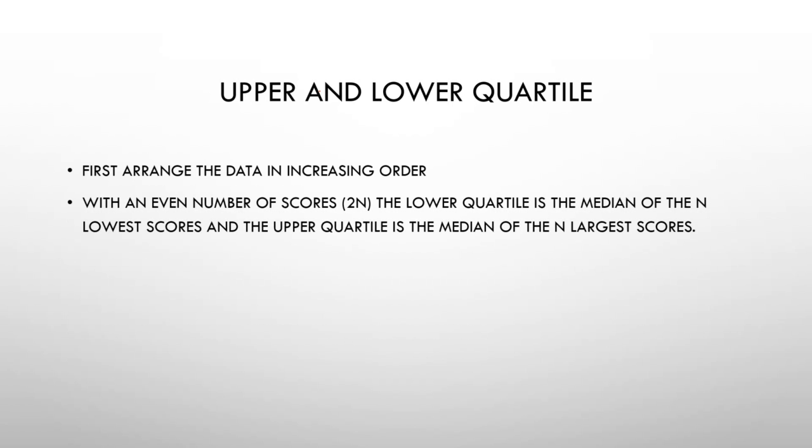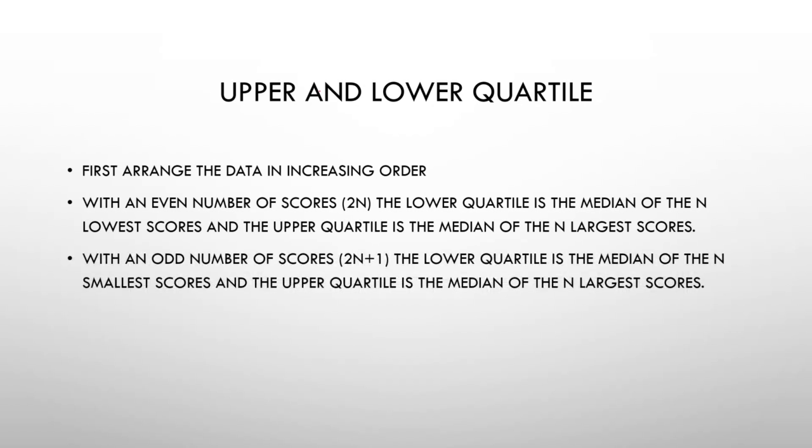Okay, so I use the example 10, but anytime you have an even number, it is 2 times some number, and so you just take your even number and divide it by 2, and you get a number that tells you how many values are in the smaller half and the upper half. And we'll look at examples in a minute.